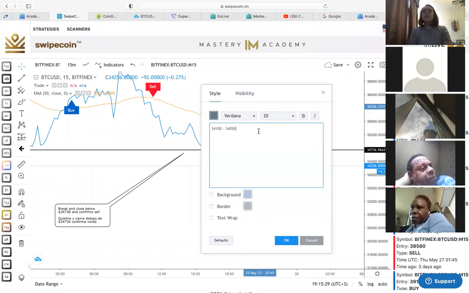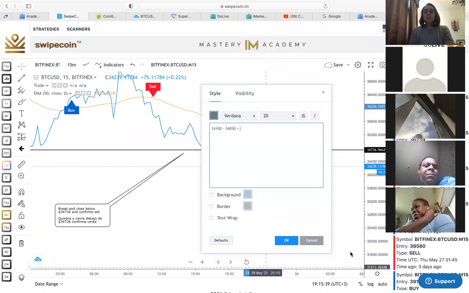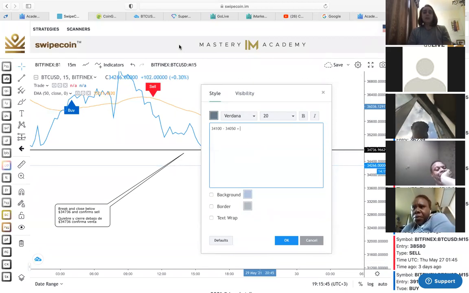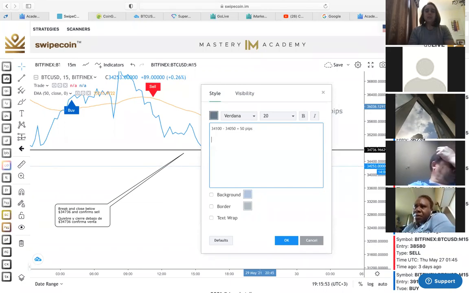How many pips is that, guys? So 34,100 to 34,050, how many pips is that? How many pips is that? Perfect, 50 pips. All right, cool, amazing. So that's a 50 pip move, right?